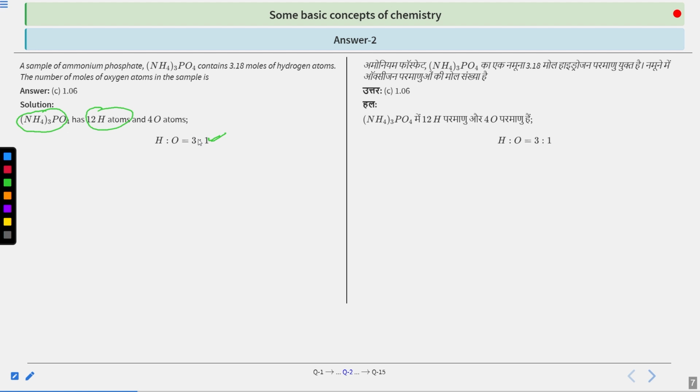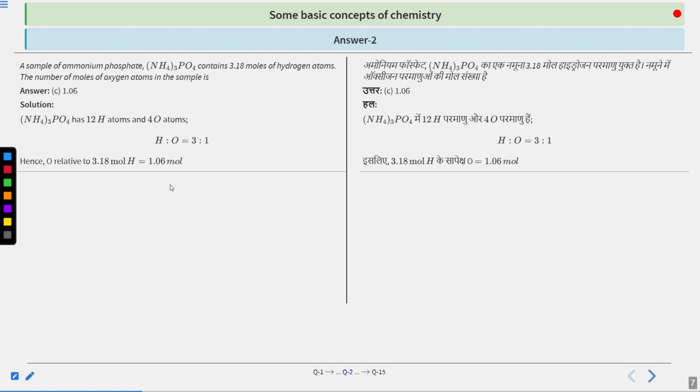Now we are told that we have 3.18 moles of hydrogen atoms. This is given, and we have to find the oxygen. So you can simply say that 3 moles of hydrogen corresponds to 1 mole of oxygen. Or we can say 1 mole of hydrogen corresponds to 1 by 3 mole of oxygen.